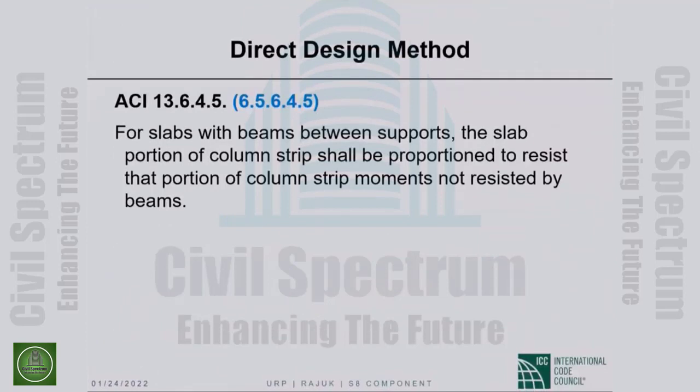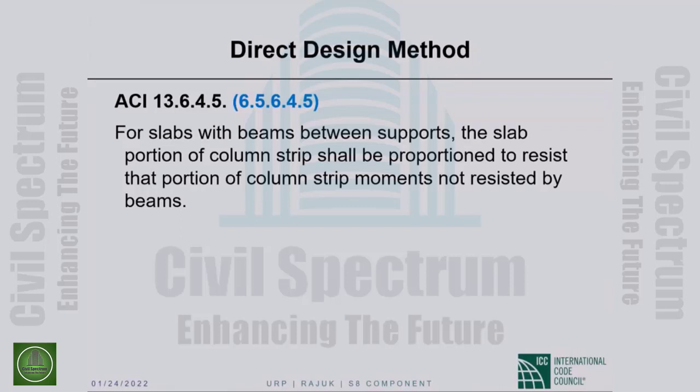So for slabs with beams between supports, the slab portion of column strip shall be proportioned to resist that portion of column strip moment not resisted by beams. Okay, if the column strip includes a column line beam, then part of the moment will be resisted by the two strips of slab on the two sides of the column and the remainder by the beam.